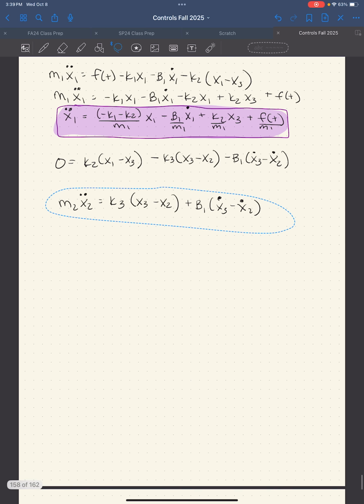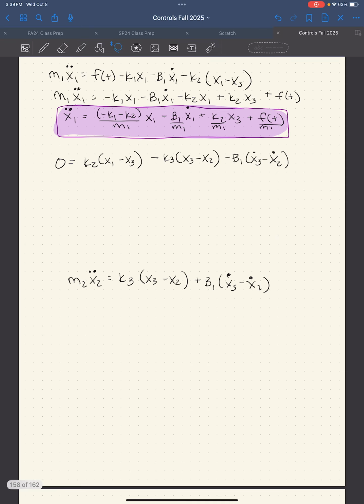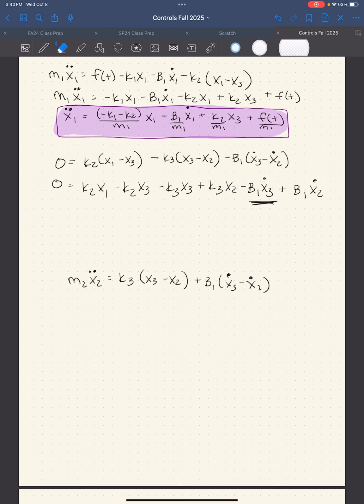All right, next equation. Let's say 0 equals k2 x1 minus k2 x3 minus k3 x3 plus k3 x2 minus b1 x3 dot plus b1 x2 dot. And now I'm going to solve this equation for x3 dot.